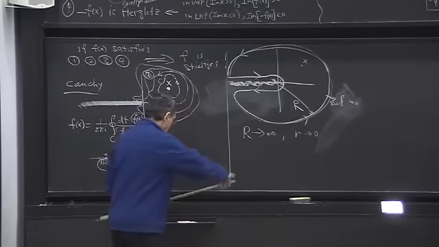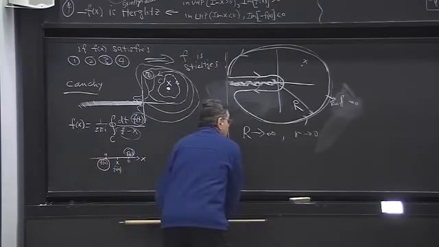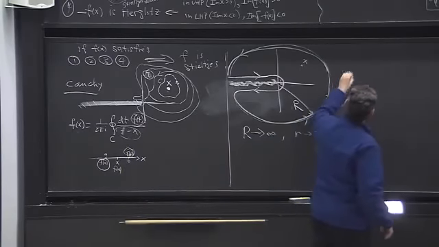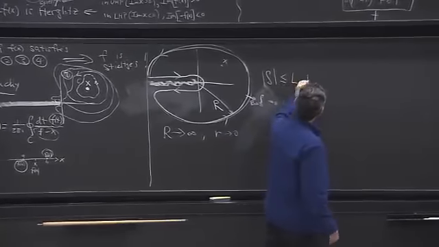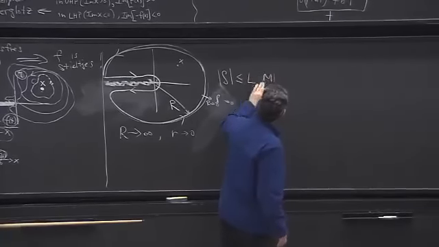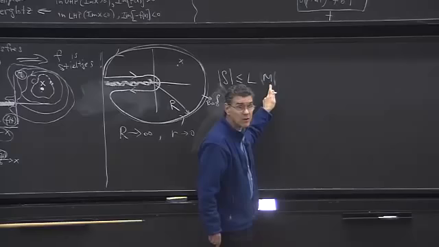So we can bound the integral. The integral is bounded by the length of the contour times the maximum value of the integrand on the contour.